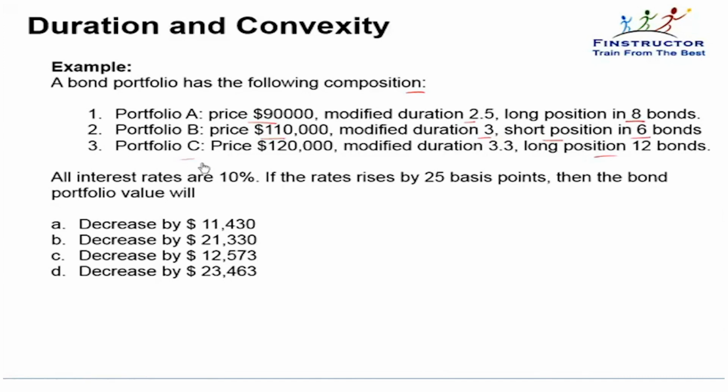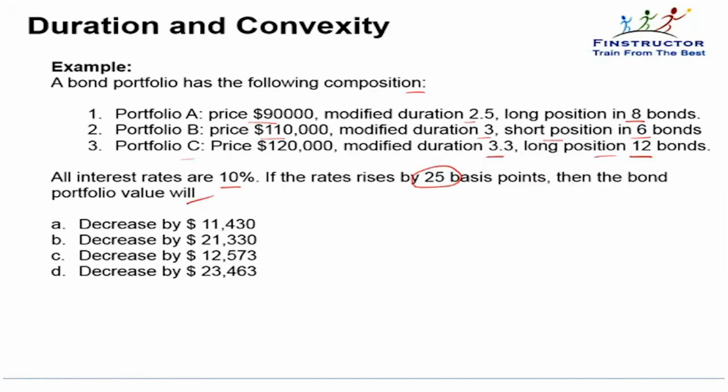And a portfolio C, which has a price of $120,000, modified duration of 3.3, and a long position in 12 bonds. All interest rates are 10%. If the rates rise by 25 basis points, then the value of the bond portfolio will.